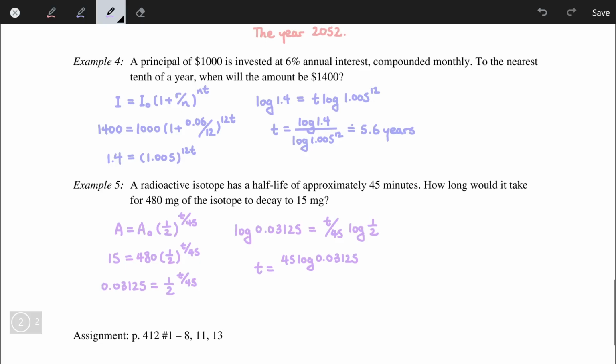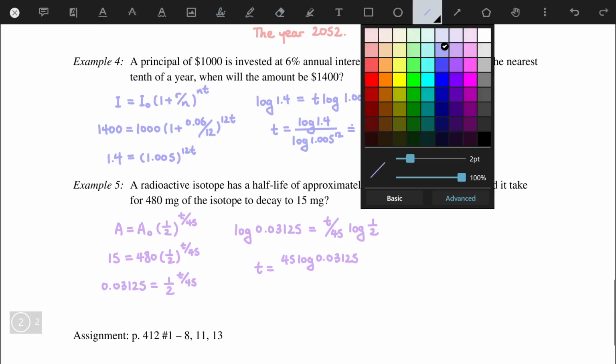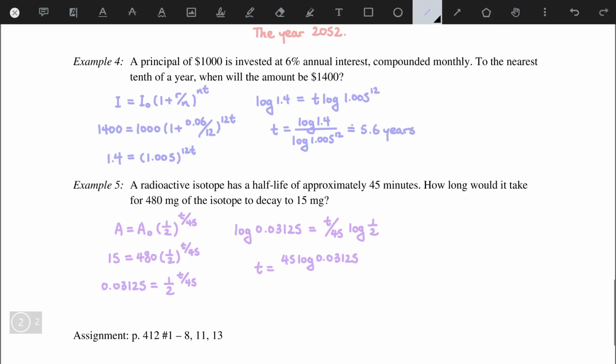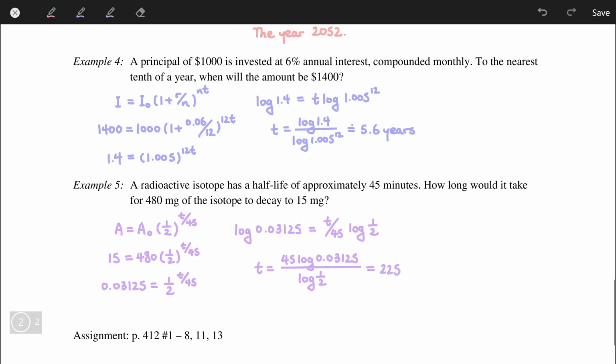Notice that the first step to isolating t would be to multiply both sides by 45, so the 45 would end up in the numerator. And this will be divided by log 1/2 to get t by itself, and we'll get 225 minutes. So a nice whole number for an answer there.